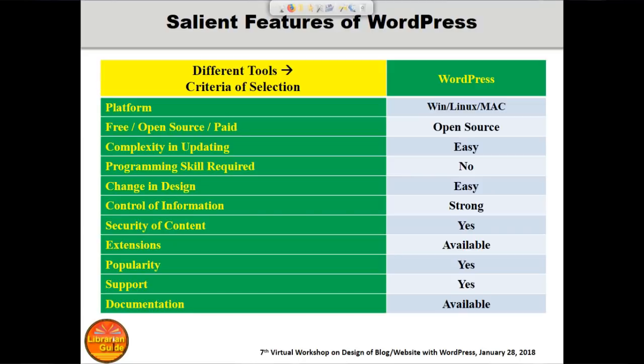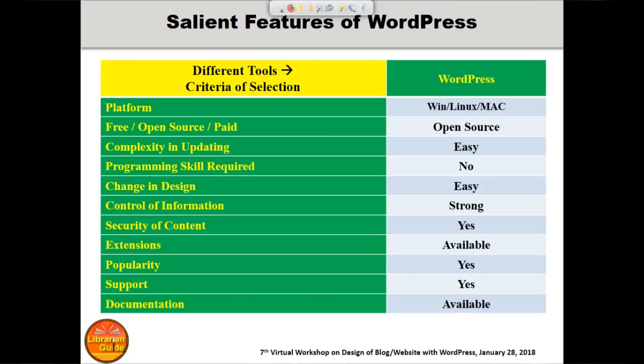The popularity, as I mentioned, is that approximately 30% of the whole websites throughout the world are functional with WordPress. So the percentage itself is expressing the popularity of WordPress. We have good support in the case of WordPress.